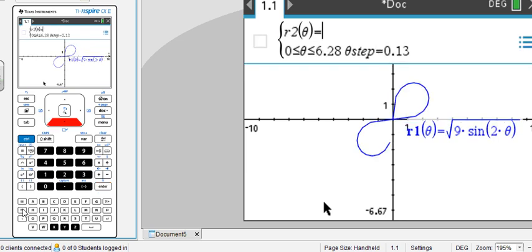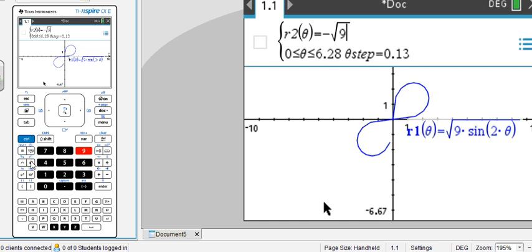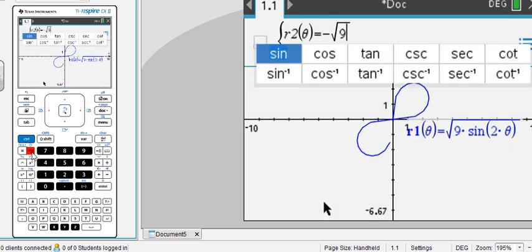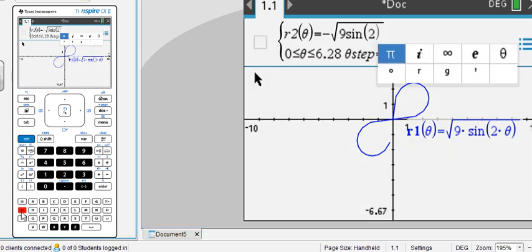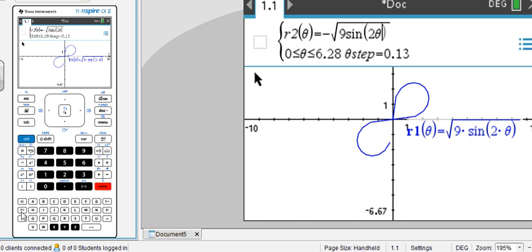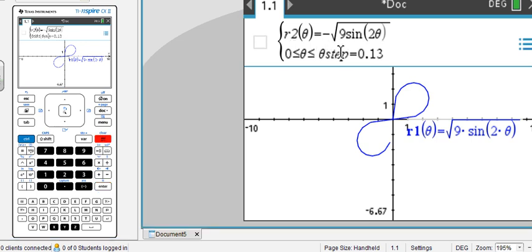And this time I want r equals minus the square root of 9 times the sine of 2 theta. Be careful here because the second graph entry is set from 0 to 2 pi. You want to change that from 0 to 360 and change your theta step.